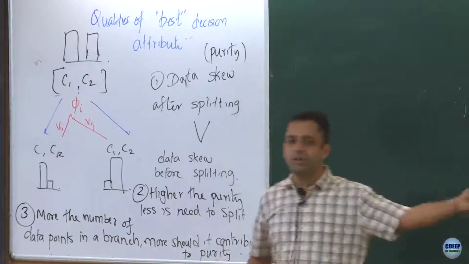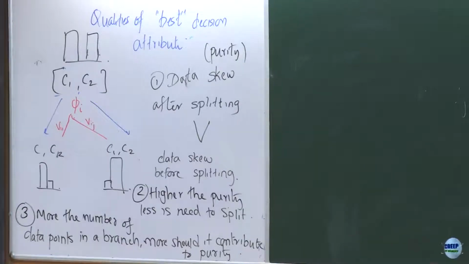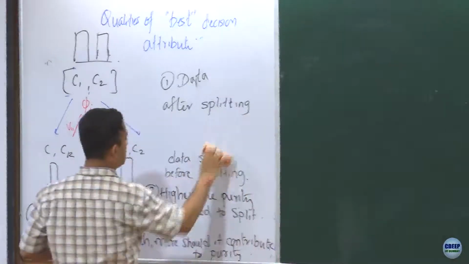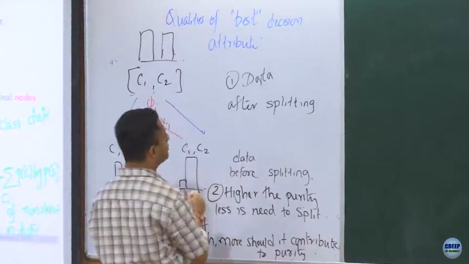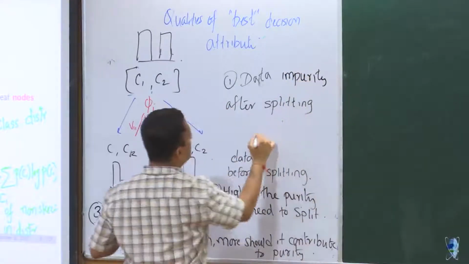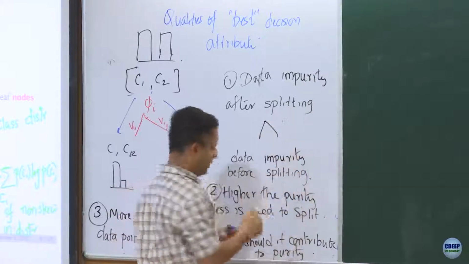Because entropy happens to be a measure of impurity, we can present the whole thing in terms of impurity. So data impurity after splitting is less than the data impurity before splitting.